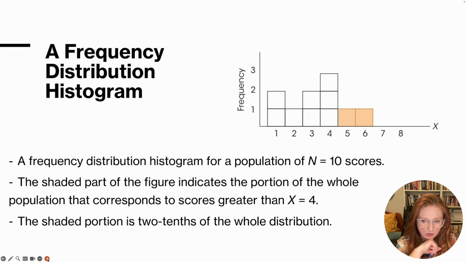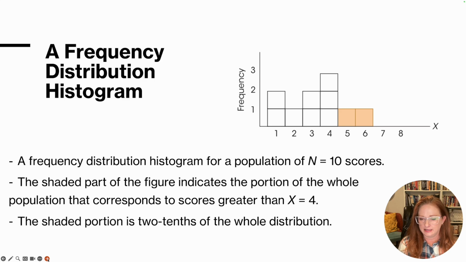Okay. The shaded part of the figure indicates the proportion of the whole population that corresponds to scores greater than 4. So if you're doing a test and you're saying, okay, I'm going to see who's going to be on the varsity team for, I don't know, high jump, right? I'm the coach for the high jump team, and I say, okay, anybody that can jump higher than this measurement on the bar, you're going to make the varsity team.